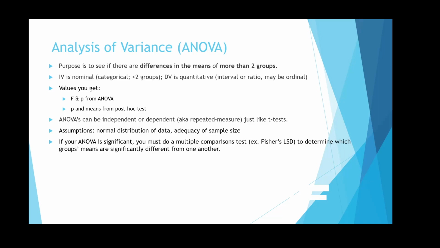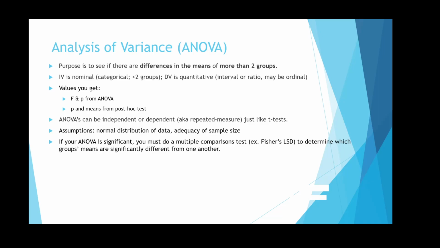So say you have 3 groups. Your ANOVA will just tell you that at least 2 of those means are significantly different. It doesn't tell you which 2. It could be between group 1 and group 2, or between group 1 and group 3, or group 2 and group 3, or all of them.